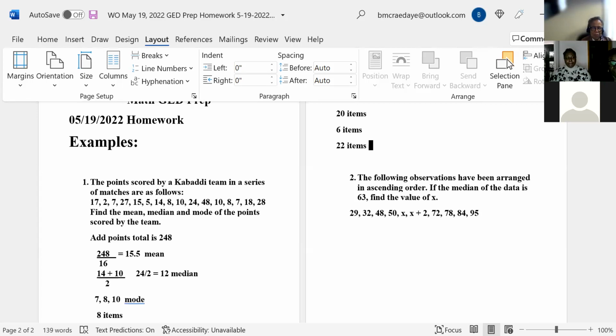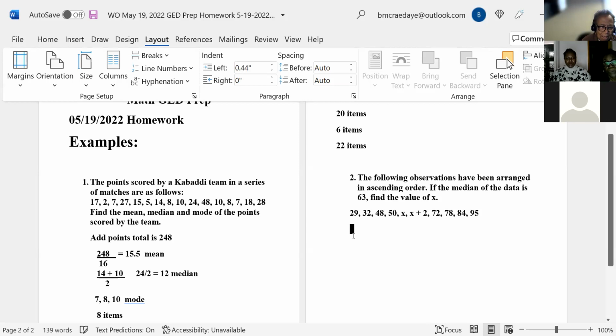Alva, start over. The following observations have been arranged in descending order. If the median of the data is 63, find the value of X. Now, Alva, how many items do you see here?